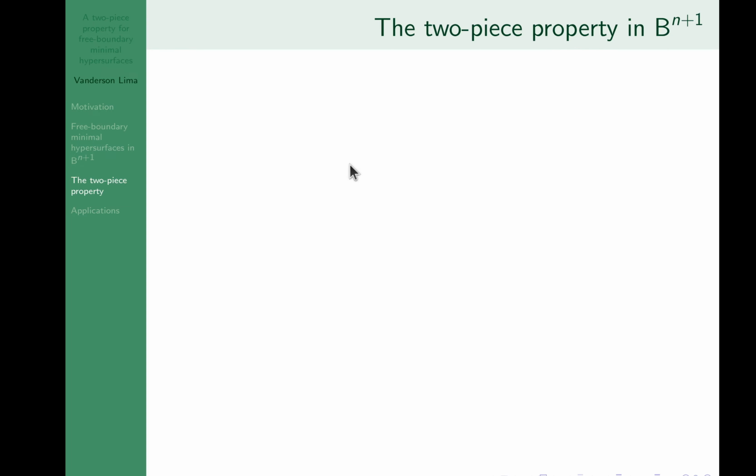Inspired by that, we thought about an analog of the two-piece property for free boundary minimal hypersurfaces on the ball. First, we proved the case of the three-dimensional ball in 2019. Then two years later, we proved the case in n dimensions.